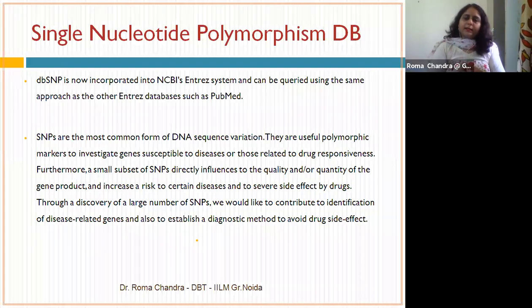Okay, again this is actually linked with PubMed, the biomedical or bibliographic database, and Entrez will help us to retrieve the information because it is a kind of an information retrieval system. Okay, and in SNPs, you will go through how the expression of genes is affected, how they are susceptible to diseases. Okay, what about the response of the drug on these SNPs?